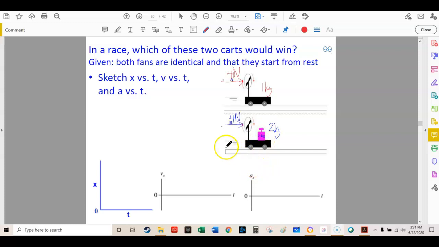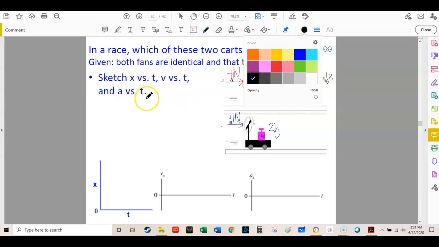So if you'll notice, basically this is just that force is equal to mass times acceleration here. So this red cart is going to have an acceleration of 4 newtons over 1 kilogram, which is going to be 4 meters per second squared.